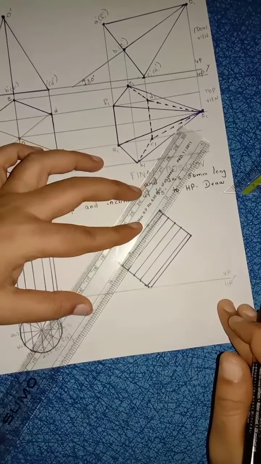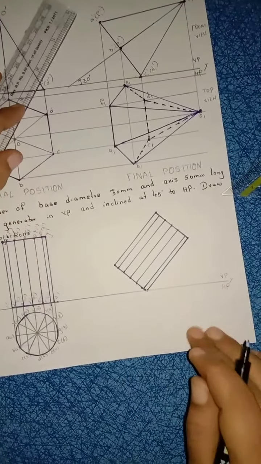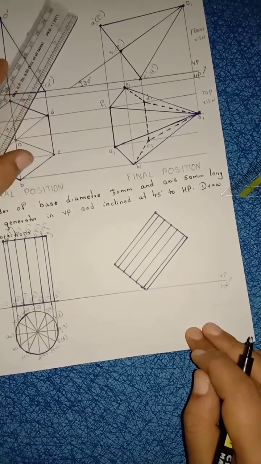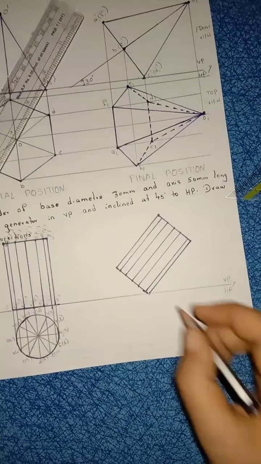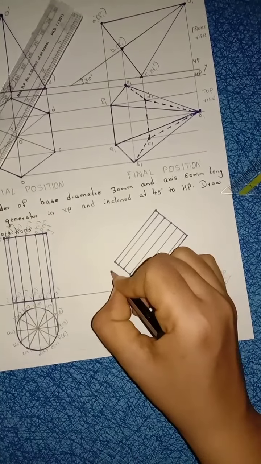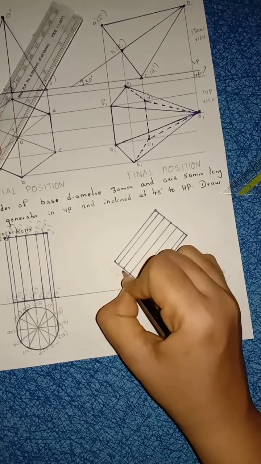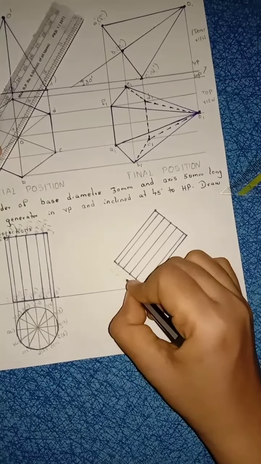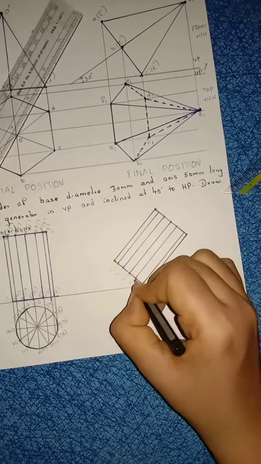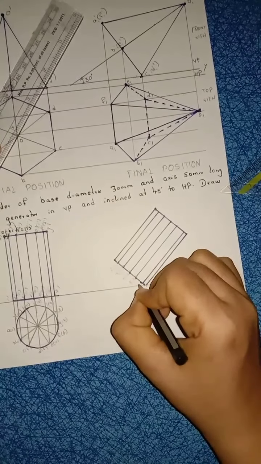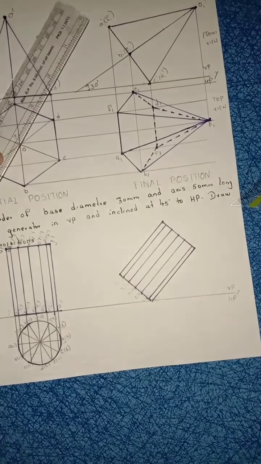Here the generator is at 45 degrees. After that mark the points here. Same, 1 1 dash, 2 1 dash of 12 1 dash, 3 1 dash of 11 1 dash, 4 1 dash of 10 1 dash, 5 1 dash of 9 1 dash, 6 1 dash of 8 1 dash, last one is 7 1 dash.